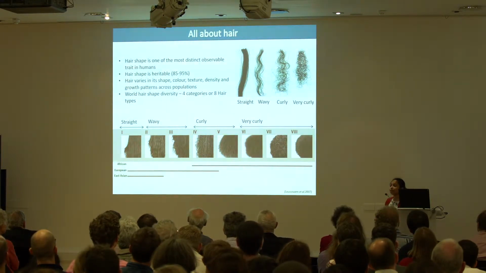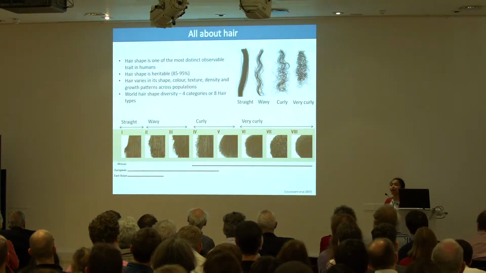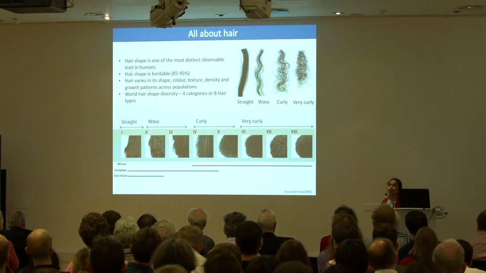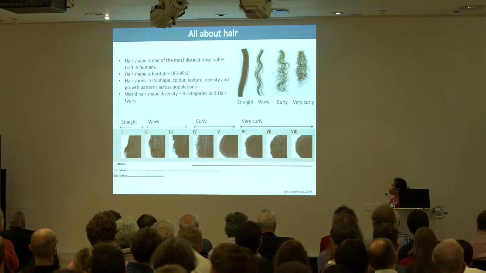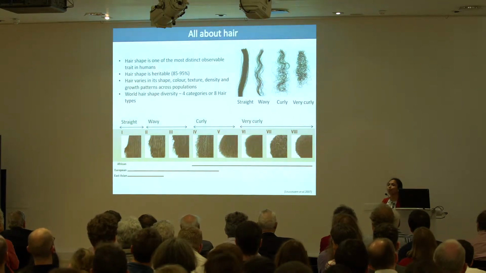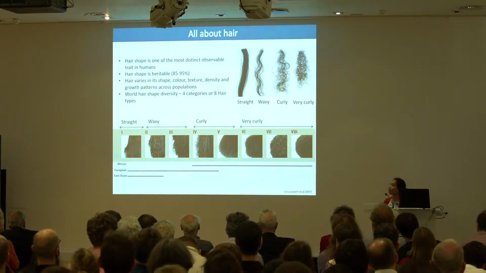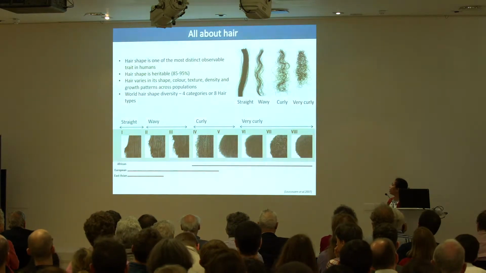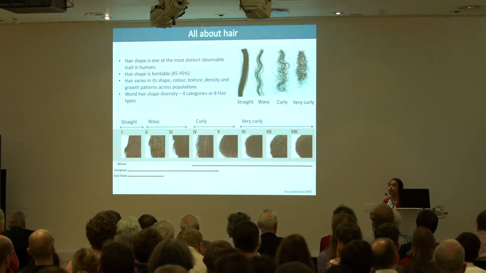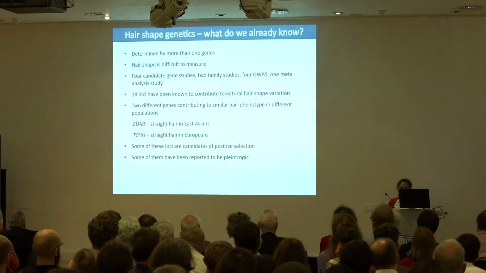Now, coming to the diversity among populations, African populations mostly have the kinky or curly phenotype, whereas Europeans are quite diverse, with straight, wavy, as well as curly. In East Asians, we see mostly the straight phenotype.